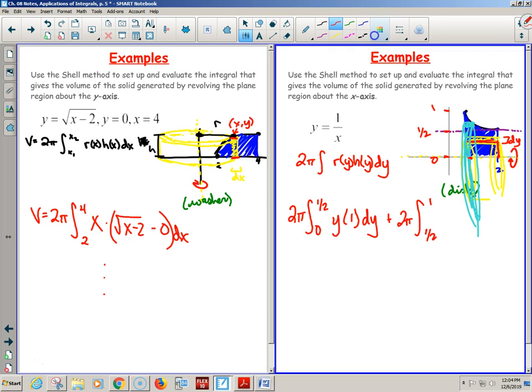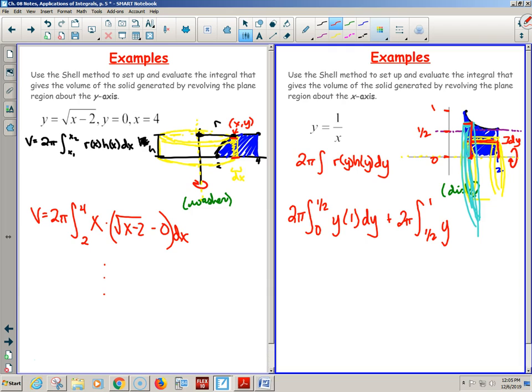Sorry, I made it a little bit too extreme. I'm going about the axis. His R is also going to be Y, just how high, right? All the Y's between 1/2 and 1, hitting on all of those at their appropriate locations. But what is his height going to be? Not 1 anymore. Now it's getting smaller and smaller and smaller.